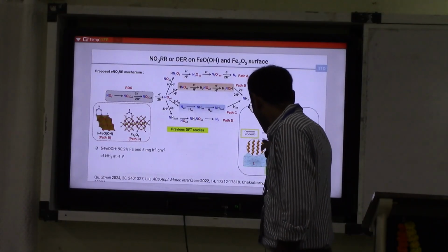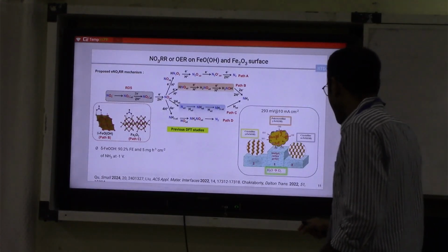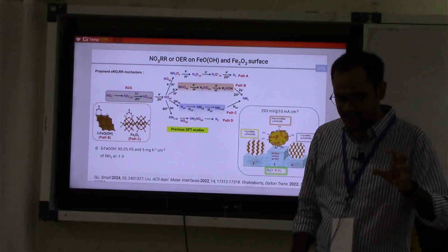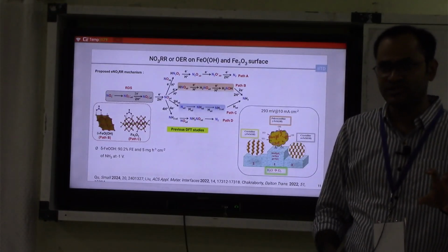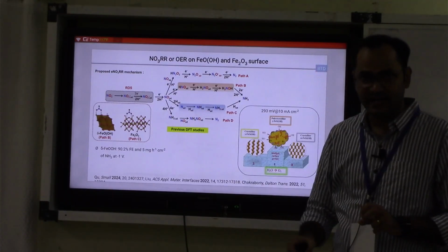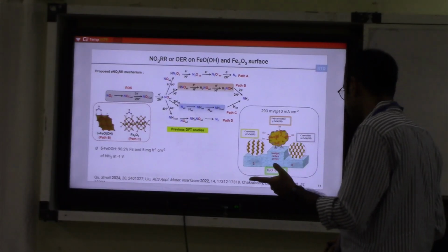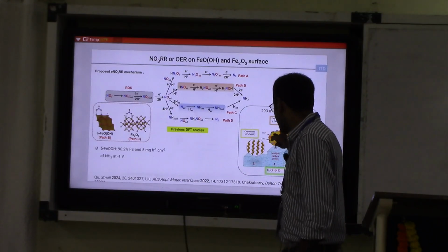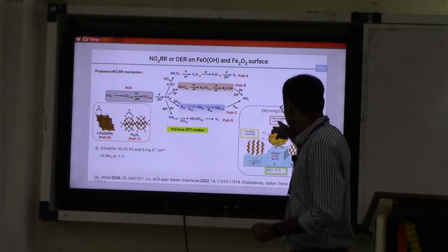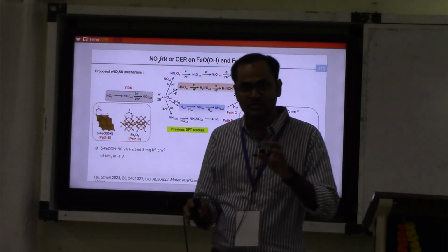And that's why we took different forms of iron oxyhydroxide, and already 2 years back we have seen that if you make the polycrystalline form of gamma FeOOH of 2 different categories, alpha and gamma, there is a competition, and in this competition we can see that the amorphous form or the polycrystalline form of the gamma polymorph actually gives you a better result once you put it on the surface.